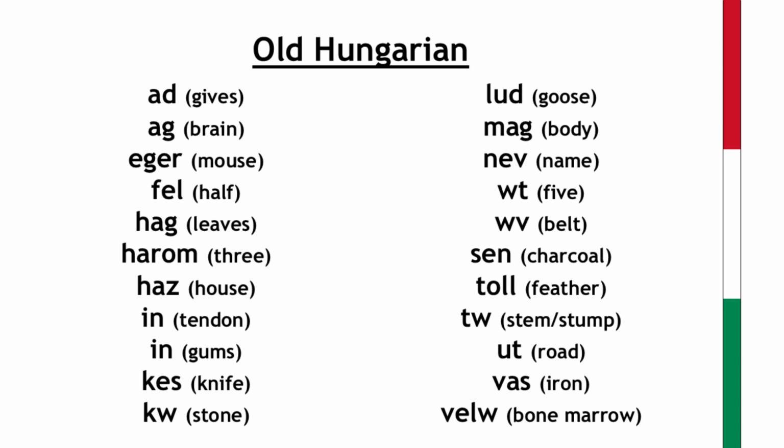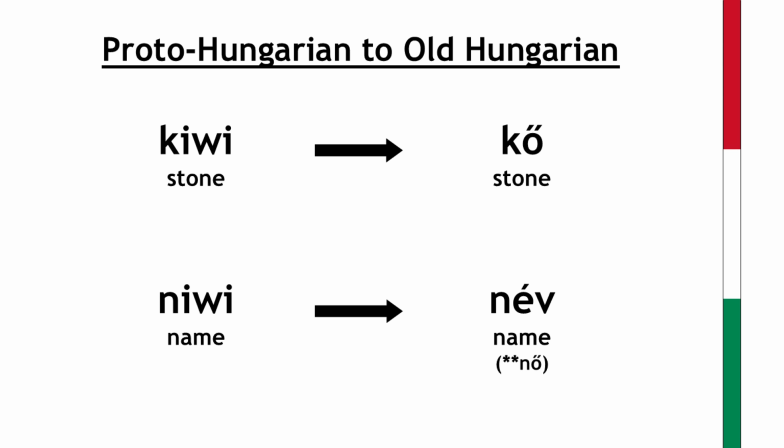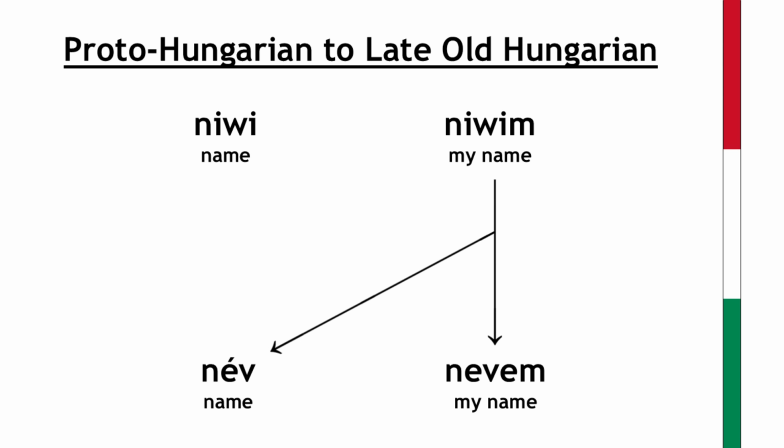I'll also mention the word for name. We would expect this to undergo the same processes as the word for stone, but instead the final glide is preserved. This is likely due to its frequent use with possessive suffixes, with the form analogically extended to the unsuffixed form.